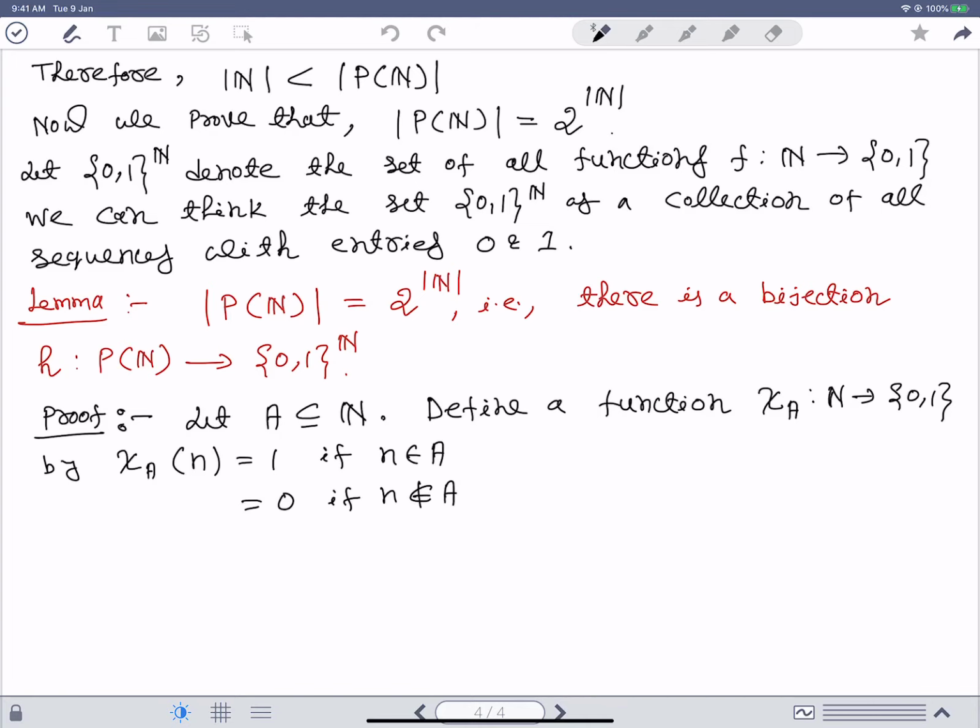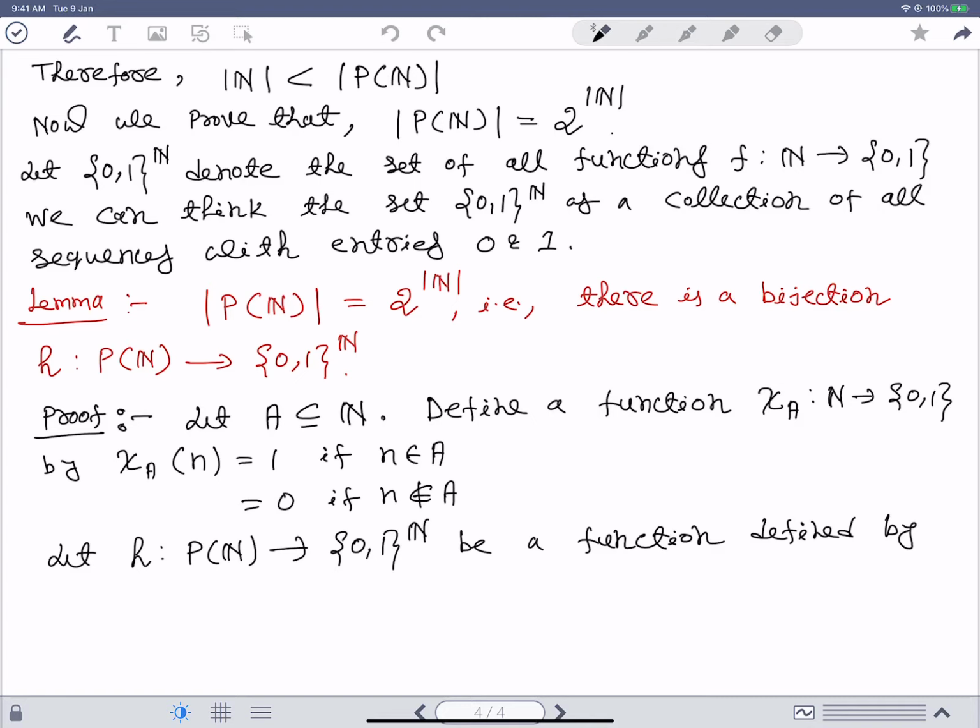Okay. Now we define a function. So let h from Pn to this set be a function defined in this way. So h of A will be chi of A. So from this we know that chi A belongs to that set, right?